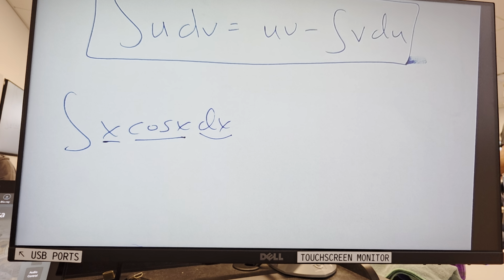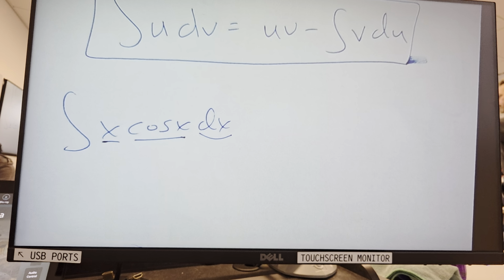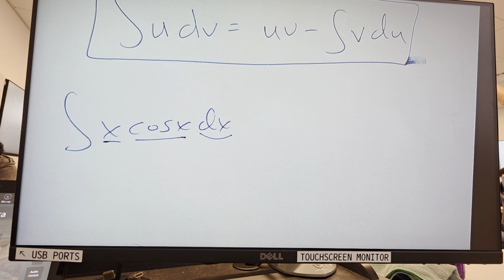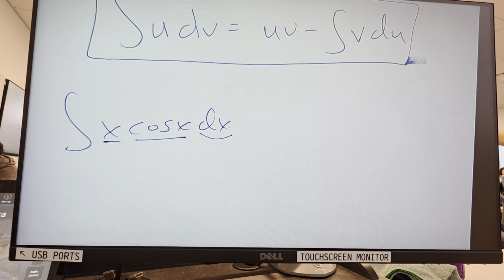No. x. The integral of x grows in degree. That's not what I want. So in general, when I'm doing by parts, I try to let u equal the piece whose derivative starts to go away. So if I have a polynomial piece, I'm going to let u equal that, because the derivative of a polynomial is always better than the original polynomial. It's a lower degree. Yes?